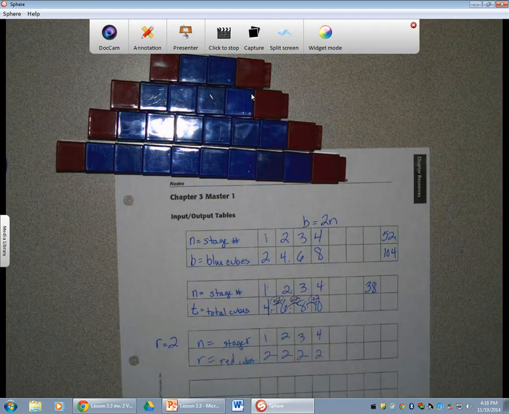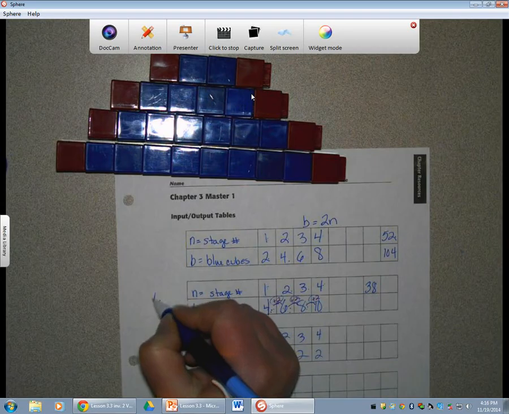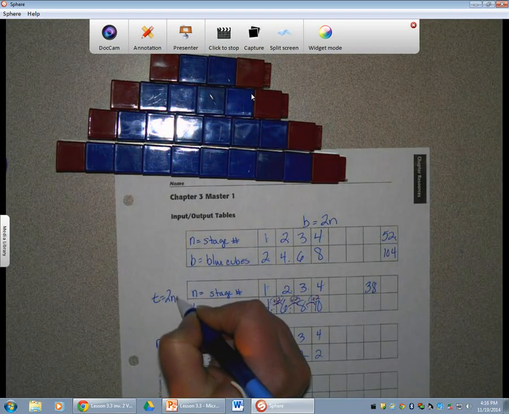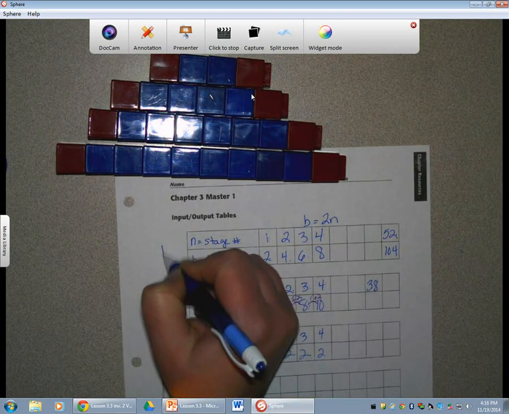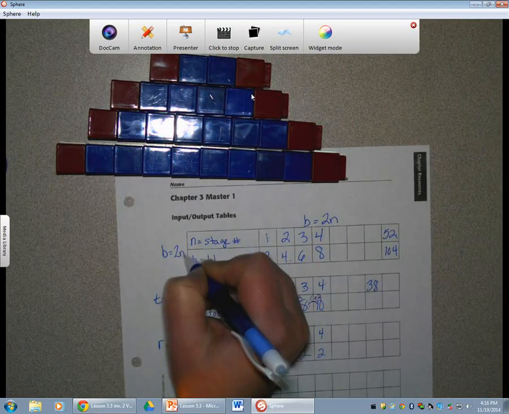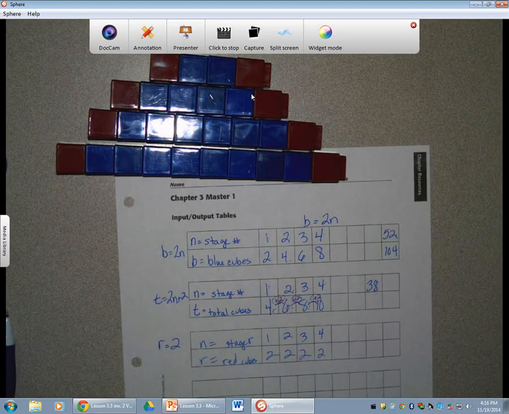And remember, this one, I didn't write it on this paper, was 2n plus 2. And this was blue is equal to 2n. So we found our three different rules, and notice that again we could find any stage number we wanted for those rules. And that's the goal of this lesson.